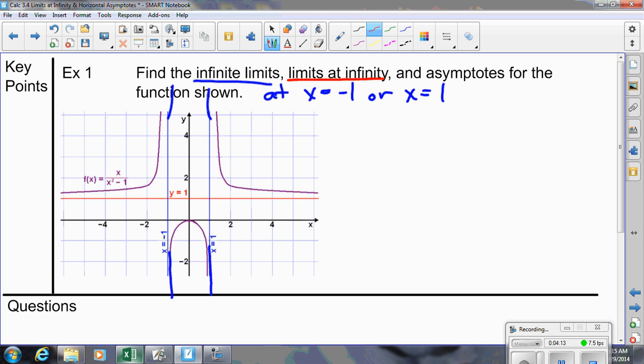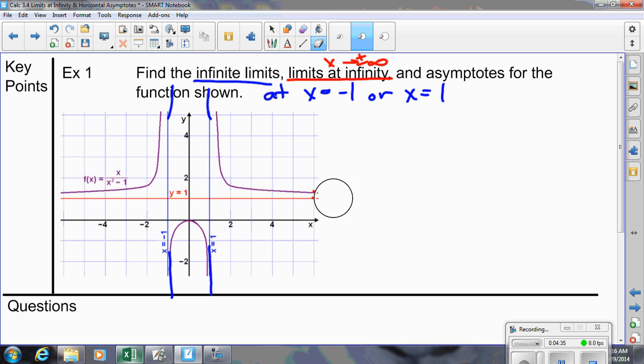Looking at the limits at infinity, this is saying as x is approaching positive or negative infinity, what's happening? Well, as x is going farther and farther out, it's closing in on this horizontal asymptote.